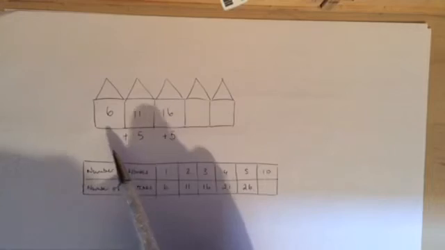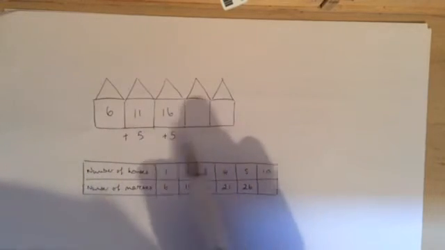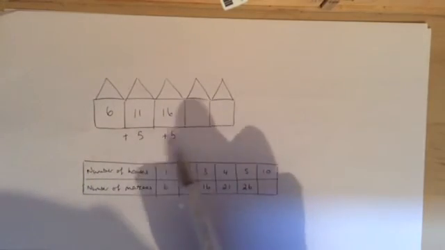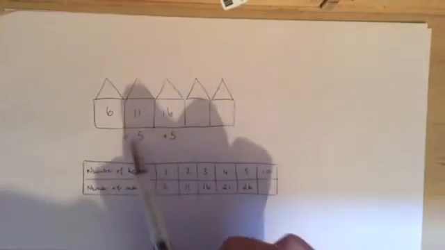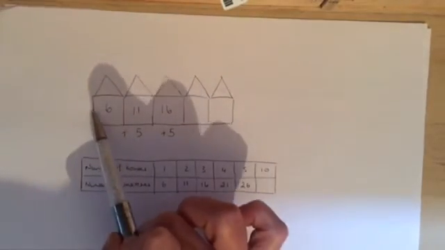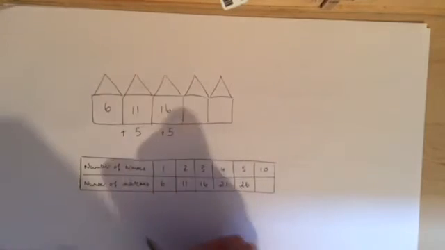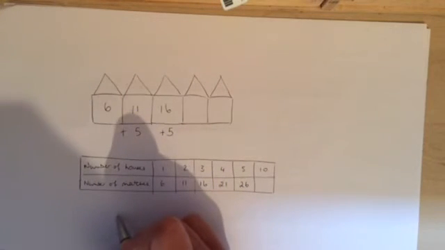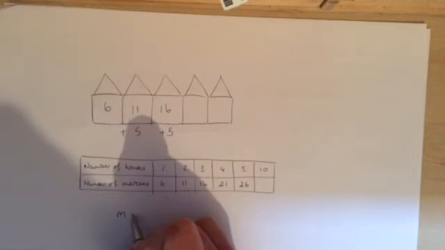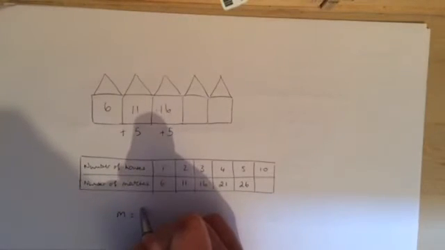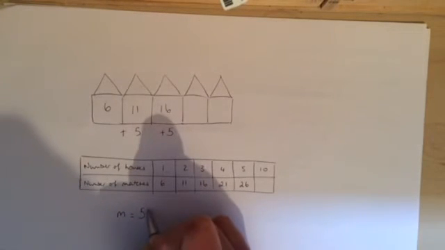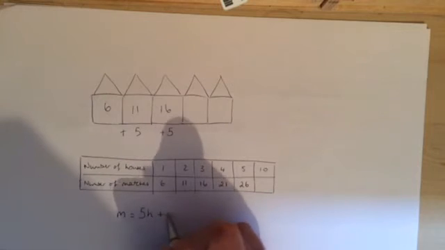But if you think about it, each time I'm adding on 5. Okay, so I've got 5 matches, but on this one I've got 1 extra. So my formula for this is the number of matches equals 5 times the number of houses plus 1.